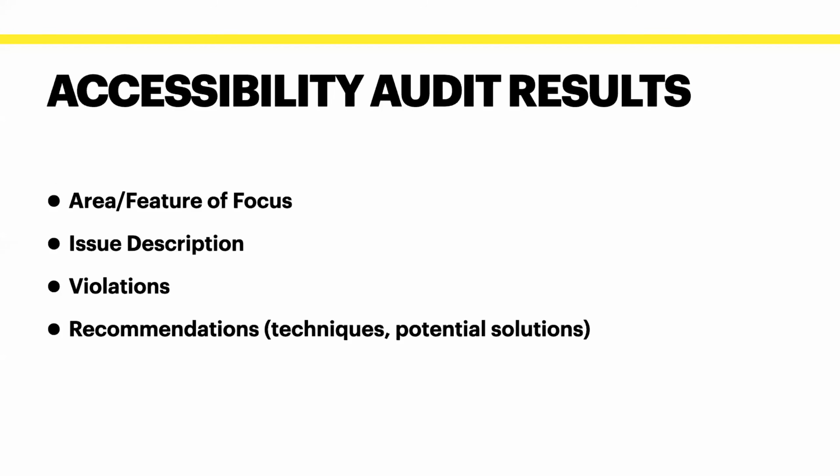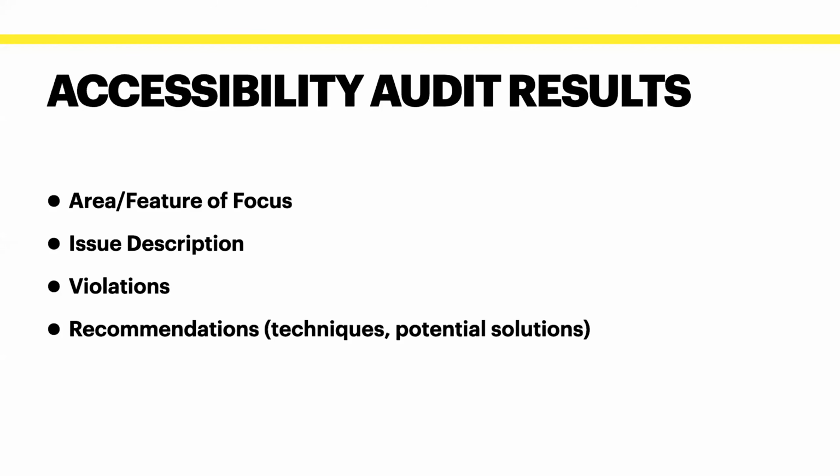So with the audit results, this is what you'll usually get in that kind of report. You'll get the area and feature of focus that was tested. You'll get a description of the issue, what the testers found, and then what the violations are.